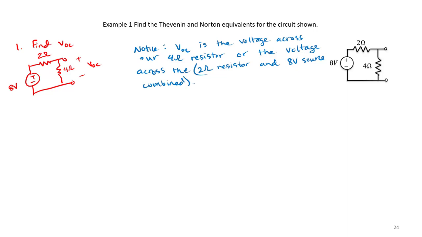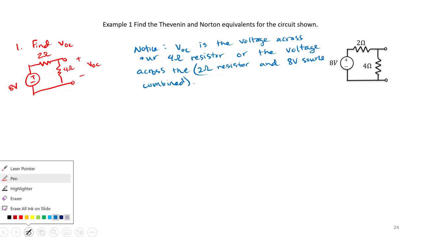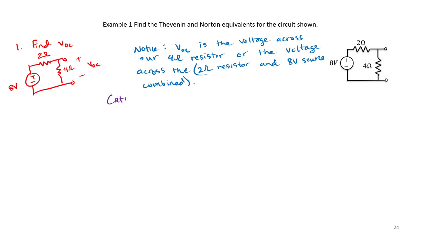So big caution here. This is a very common mistake for beginning students. Caution. Our VOC value is not equal to 8 volts, because my VOC is my voltage from one open terminal to the other.